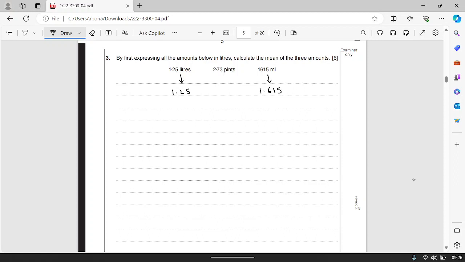Now, your conversion is going to be 1 litre is equal to 1.75 pints. So what we need to do is you need to multiply this here by 1.75, okay? Oh, I should say, sorry, you need to divide by 1.75 because it's already in pints. I apologize, sorry. So to get this conversion here, it's going to be 2.73 divided by 1.75.